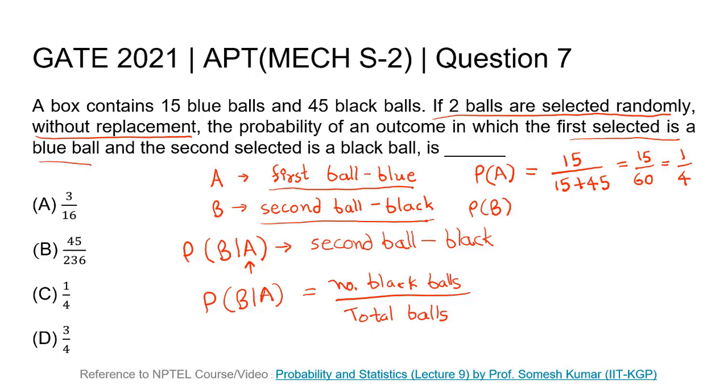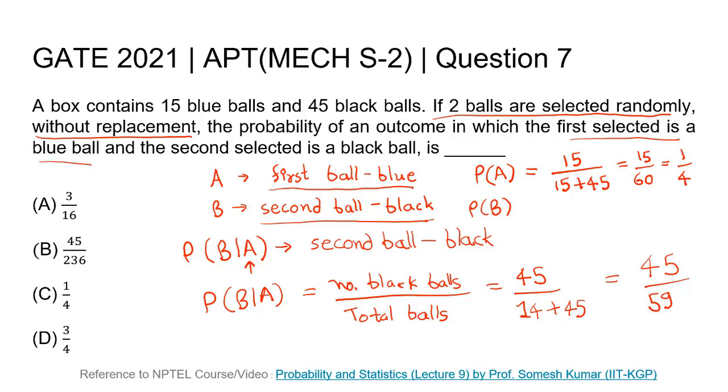So number of black balls in the box will remain same, which is 45, divided by total ball. In total ball, one blue ball is already selected. So 14 blue balls plus 45 black balls is equals to 45 by 59.